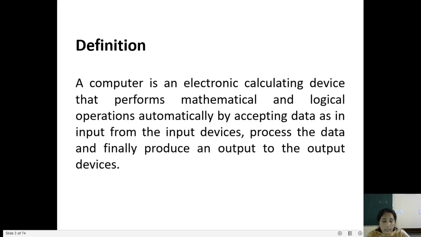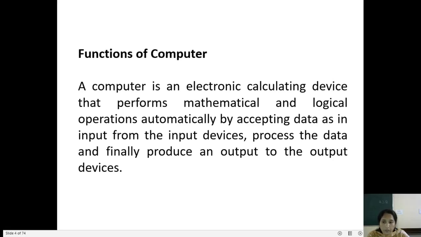Let's understand the other basic concepts of this computer: how it evolved, how it was introduced, and who introduced it. Functions of computer. What is the main function of a computer? As I just told you in the definition itself, a computer is an electronic device which accepts the data, processes the data and displays the result. That is the main functionality.